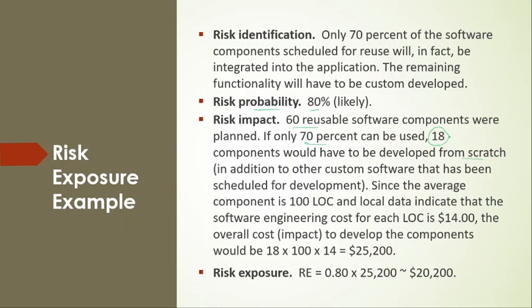This is totally customized, and we are going to reuse 60 components, and 18 we are going to develop from scratch, and then integrate with the other parts of the software. Since the average component is 100 lines of code, and local data indicates that the software engineering cost for each line of code is, in this simple example, $14.